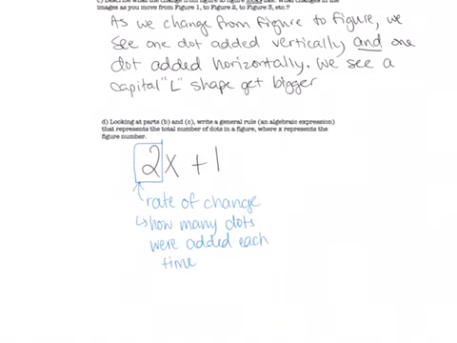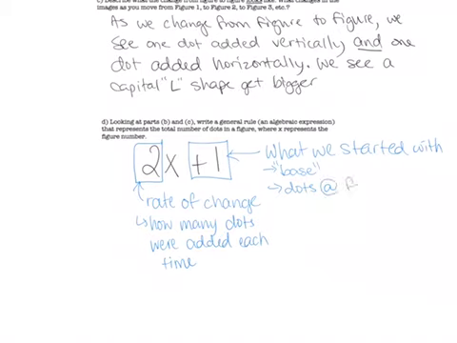And then this number, the 1, represents what we started with. Or we could also say this is our base, or this is how many dots we have at figure 0.